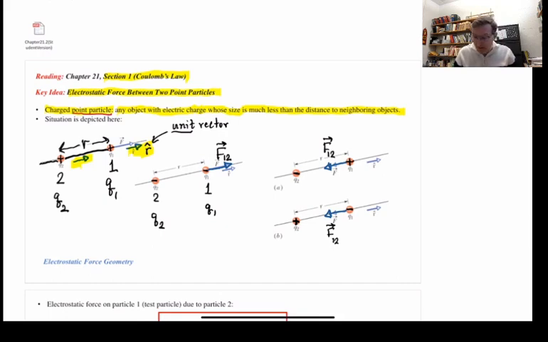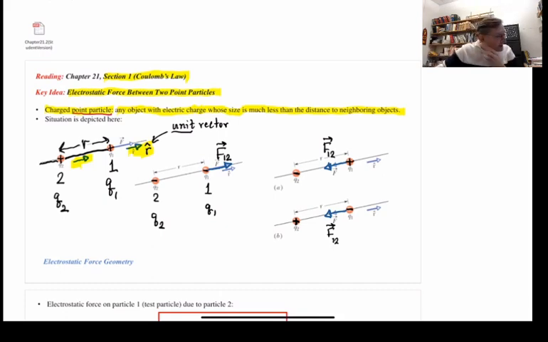All right, so that's our first little discussion, just with pictures, of this electrostatic force that one charged particle exerts on another. One of the key things we have to get used to is dealing with the geometry that's involved and the fact that we're dealing with forces which are vectors. So we have to deal with magnitudes and directions.